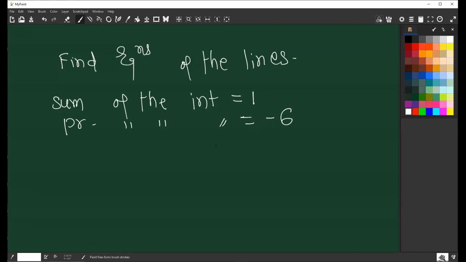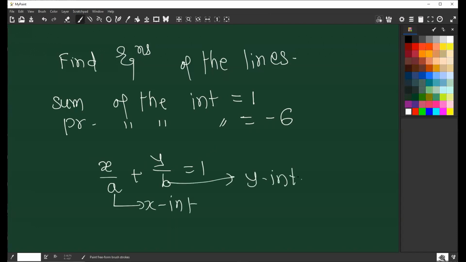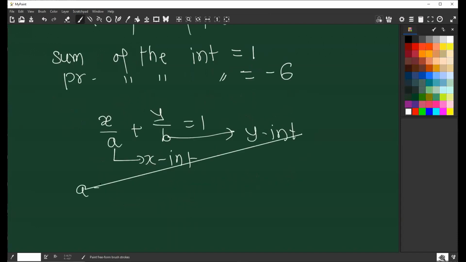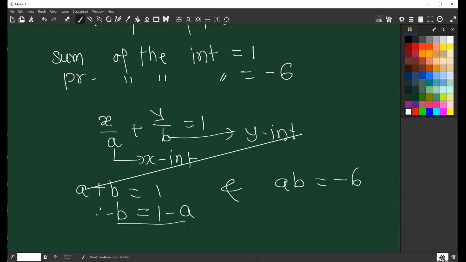Instead of the simple sums we did in 9, 10, we'll do something different. Always remember the double intercept form, in which this is the x intercept and this is the y intercept. So the sum of the intercepts means a plus b is 1 and the product of them is -6. You put b as 1 minus a in this equation and go ahead.